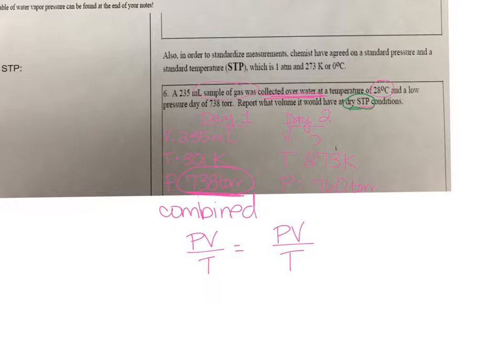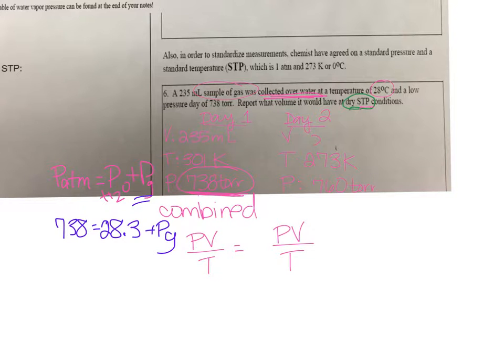28.3. Good. Remember, our equation yesterday was P atm equals P H2O plus the gas. We want the gas information. So we're going to plug in 738 is equal to the 28.3 that you just got off your chart, plus that.